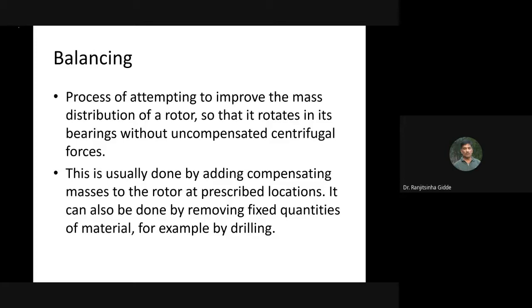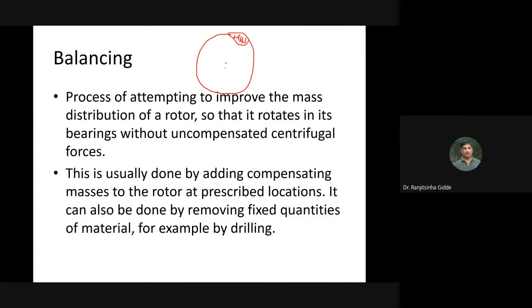Now, if there is damage to this portion, then there will be eccentricity. How to maintain this?